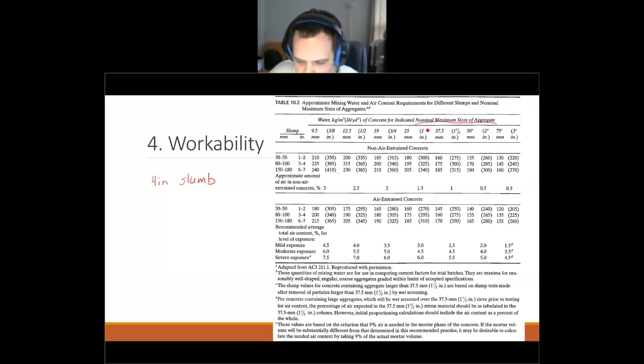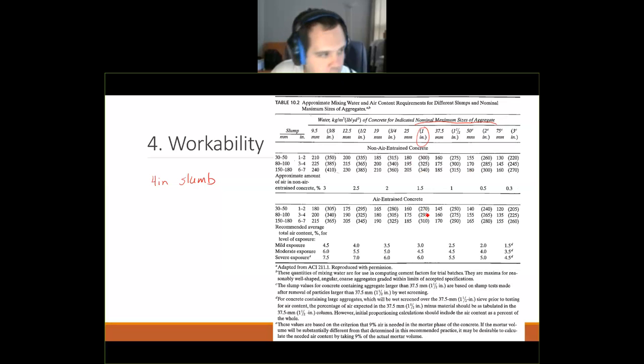I found my 1-inch column, and then I'm going to go down to the row corresponding to 4 inches of slump. In this first one, note that it's for non-air entrained concrete, but we wanted to do air entrained concrete.